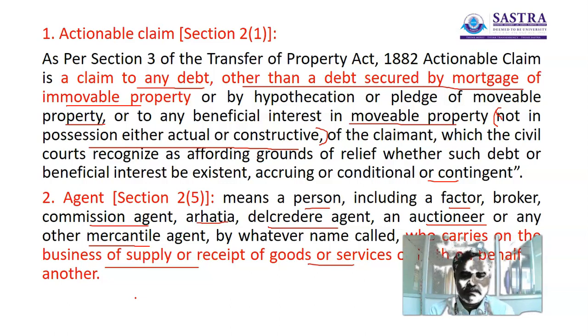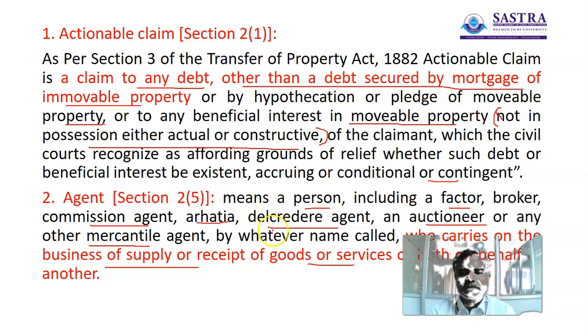So you may be a person including a factor, broker, commission agent, Arhatia, declared agent, del credere agent. Del credere means an extra commission. Here you receive extra commission other than ordinary commission.